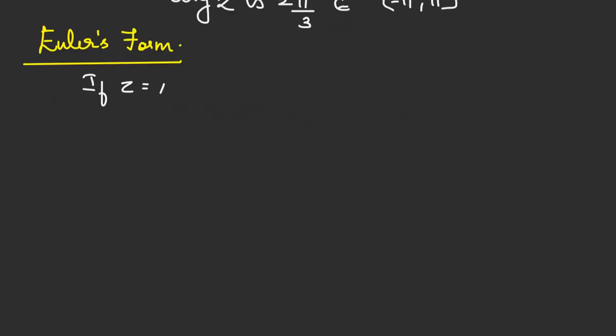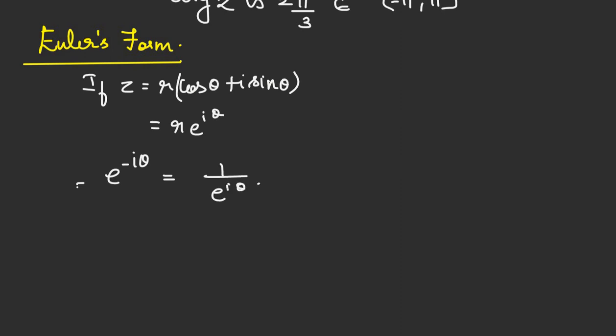If z is equal to r into cos theta plus i sin theta, then the Euler's form of the complex number is given by r into e power i theta. Then e power minus i theta will be equal to 1 by e power i theta, and this e power i theta whole conjugate will be equal to e power minus i theta.